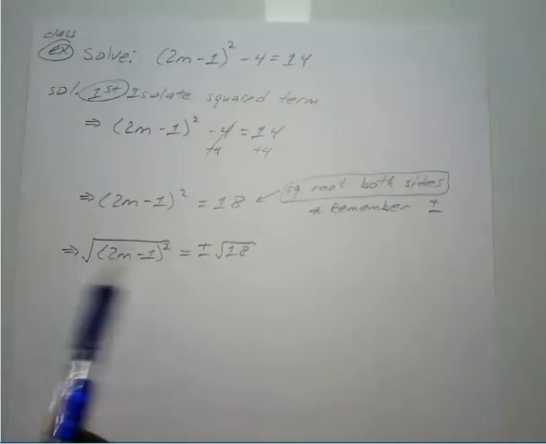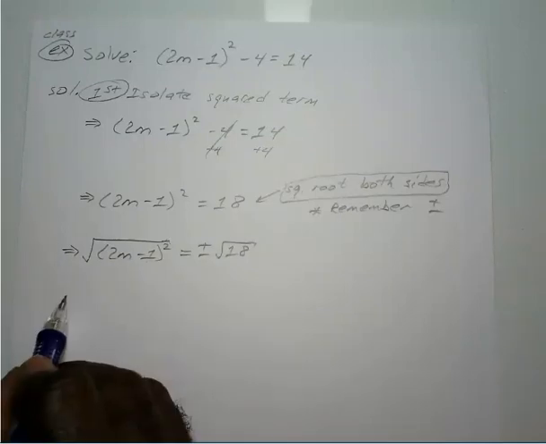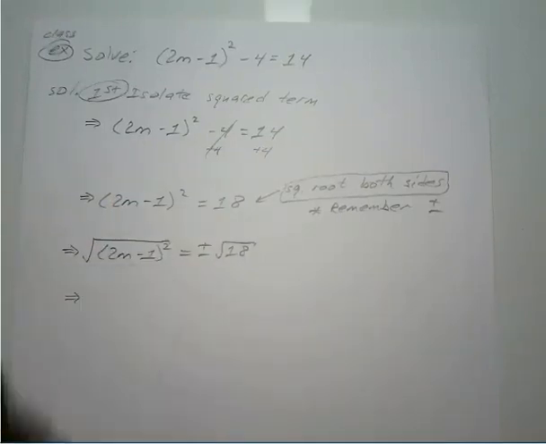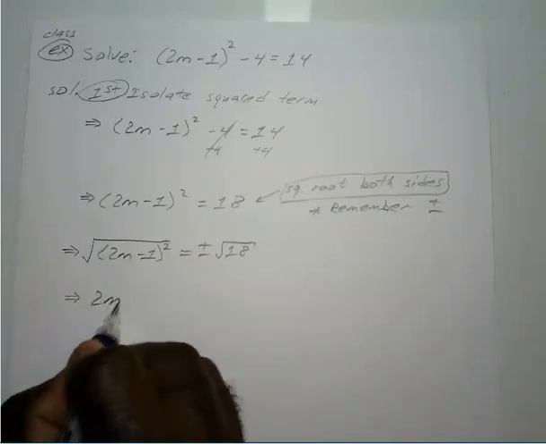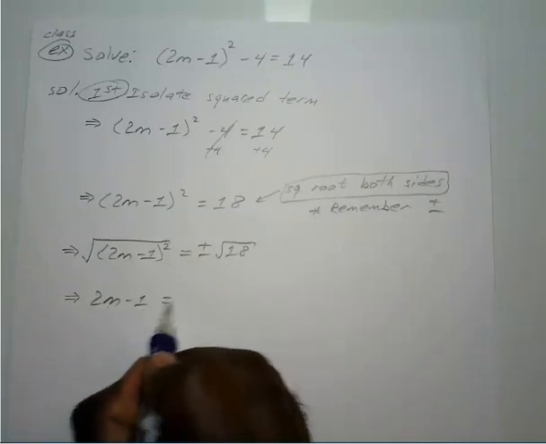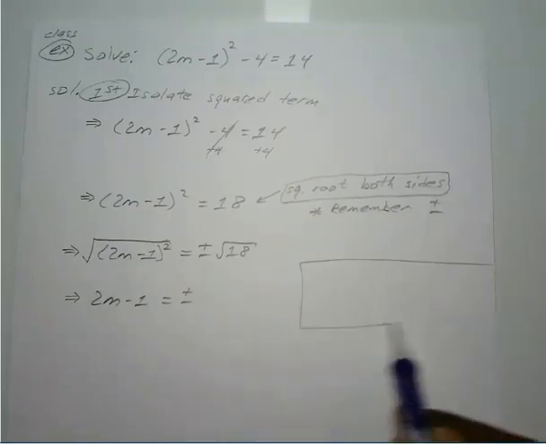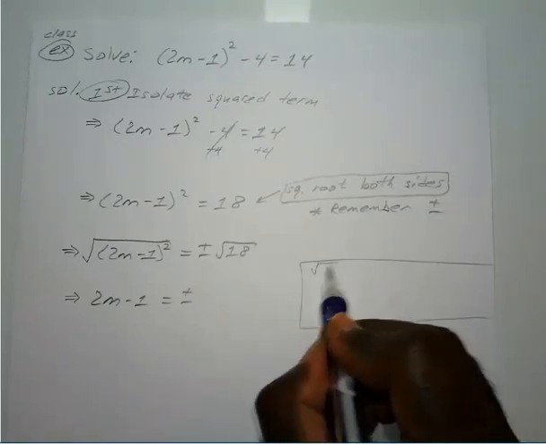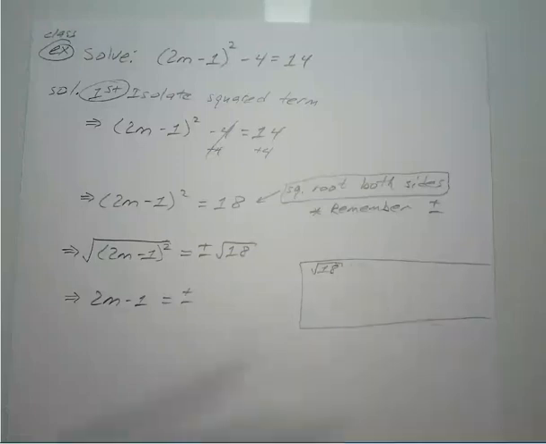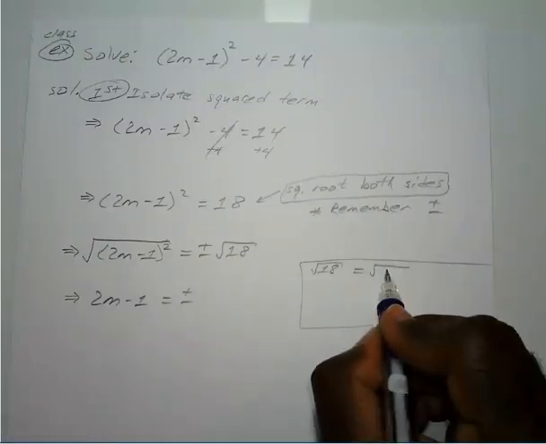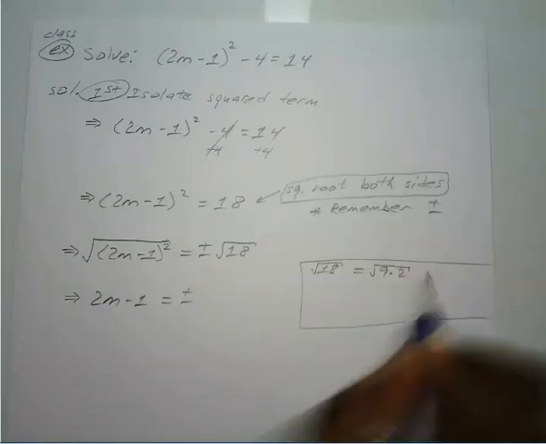Alright, so remember the square and the square root cancel each other out. So that just leaves us with, oh, we don't need the parentheses there, 2m minus 1 equals plus or minus, okay, now note that square root of 18 is equal to square root of 9 times 2.